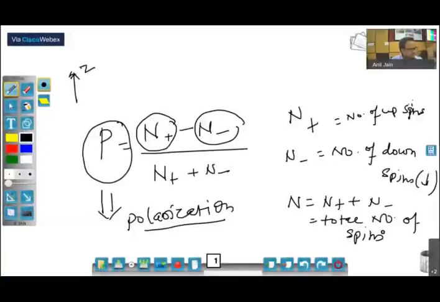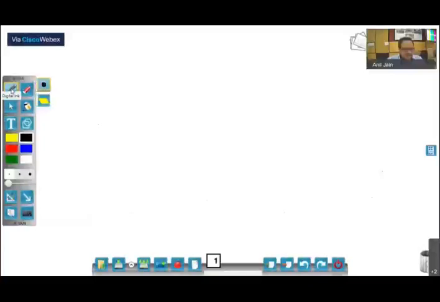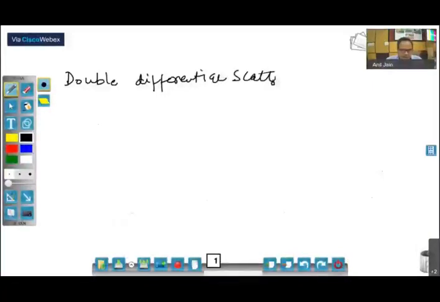Now let's start from the basics. Let me write down the double differential scattering cross section, where the neutron changes its wave vector from ki to kf.